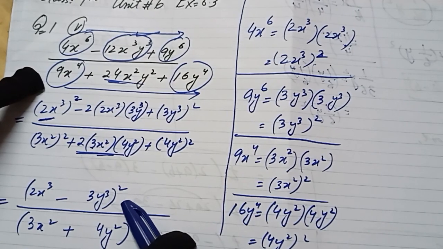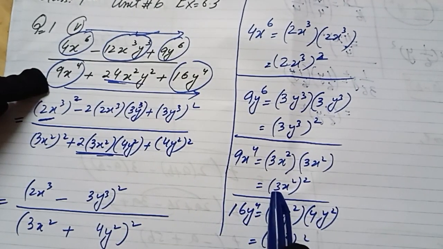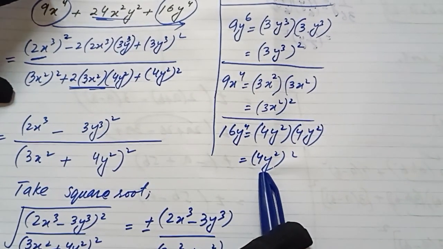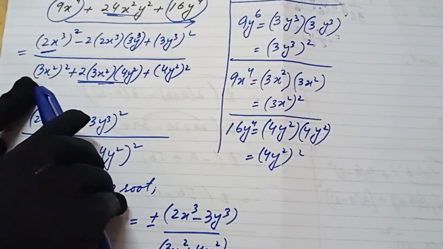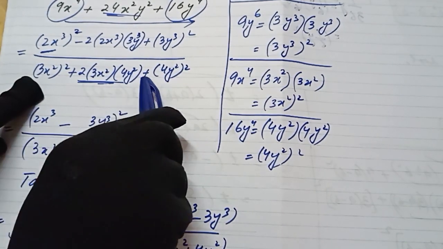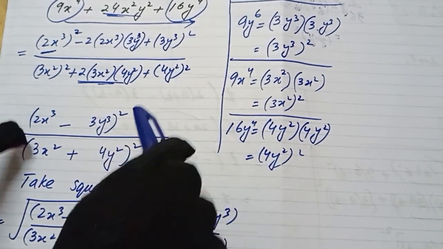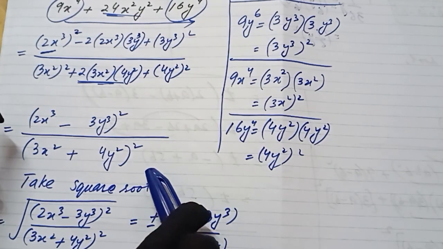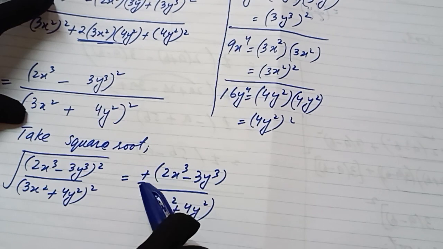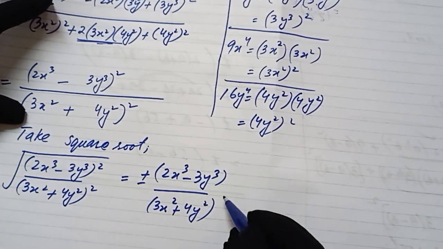Same is done with the denominator: first term changed in square form, last term changed in whole square form, and then follow the plus sign, 2ab plus b^2. So close the identity like this, and taking square root, the square and square cancel with the square root, and plus minus, this is your final answer.